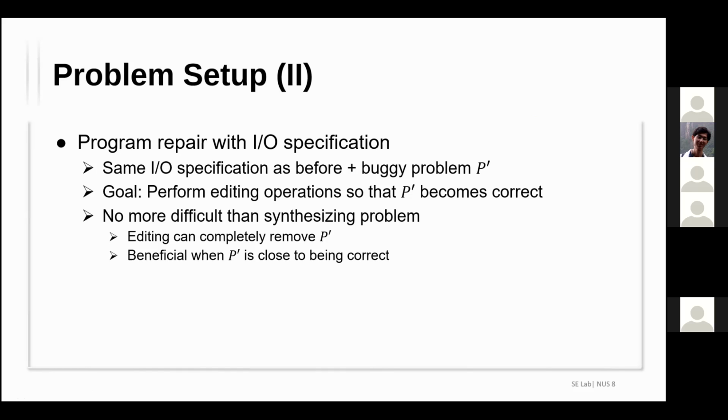But in this case, we actually have one additional input, which is the buggy program P prime. So the idea is that we want to perform some form of editing so that P prime, the buggy program, can become correct. This is actually no more difficult than the synthesizing problem, because if I edit P prime sufficiently, I can totally erase the entire P prime and write in my own P.